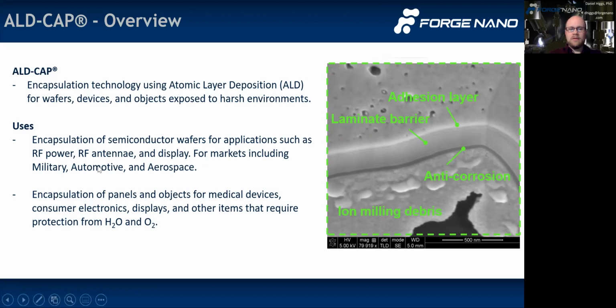And this is for markets that include military, automotive, and aerospace mostly. Also, our ALD-CAP provides encapsulation of display panels and objects for medical devices, PCBs for consumer electronics, automotive, display, and other items that require protection from moisture and oxygen.